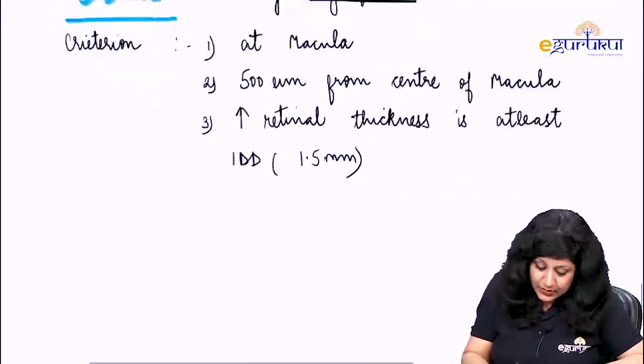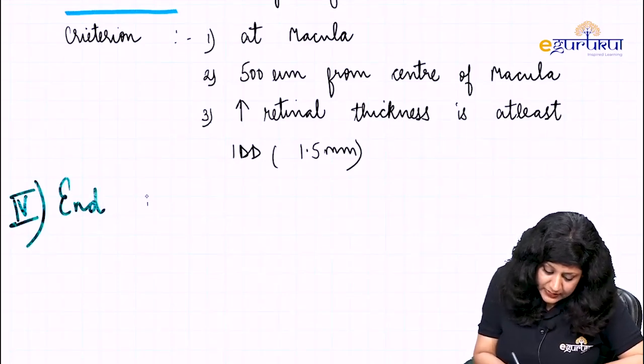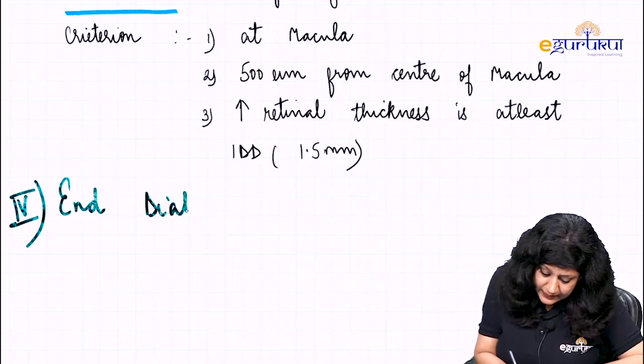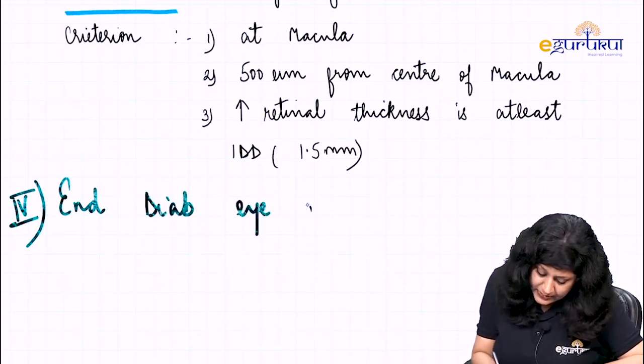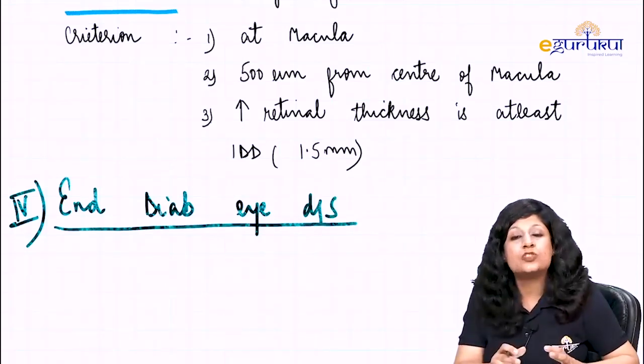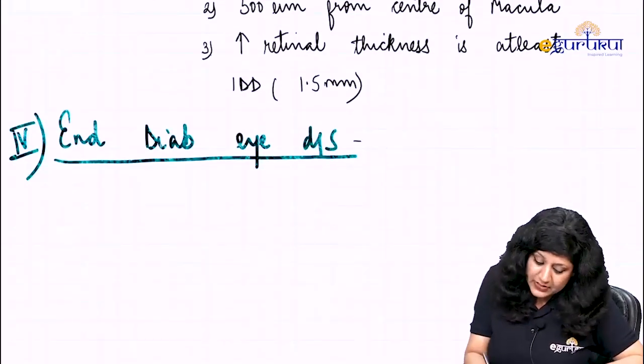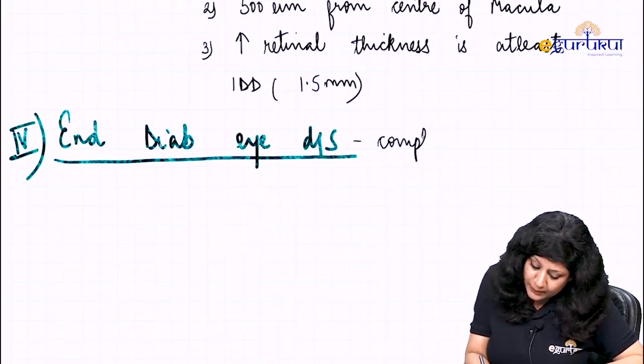Alright, now coming finally to the fourth stage. In the fourth stage, this is called end stage diabetic eye disease. This is a stage of advanced diabetic retinopathy where you start having the complications.